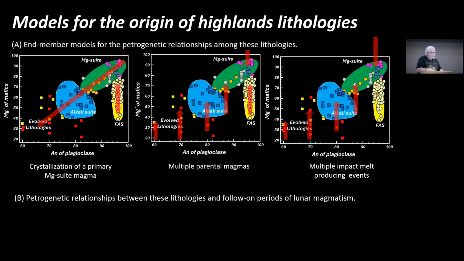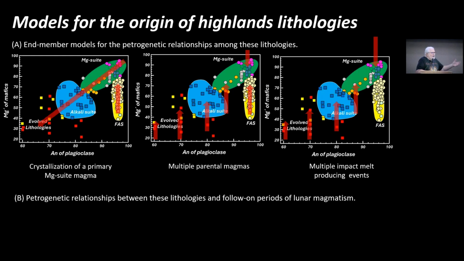There are a variety of models for the origin of, particularly I'm going to focus on the magnesium suite, the alkali suite, and the evolved lithologies on the moon. One is simply a fractional crystallization model that you can see to your left, where a parental magnesium suite magma crystallizes, producing these whole suites.